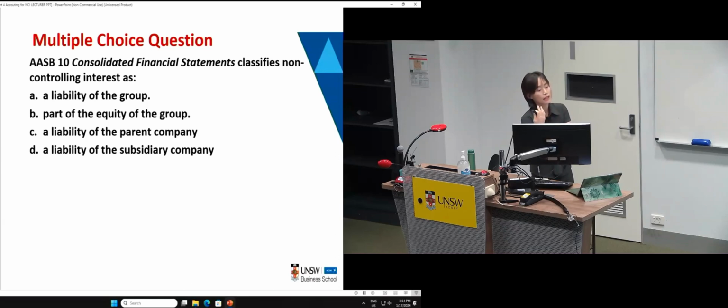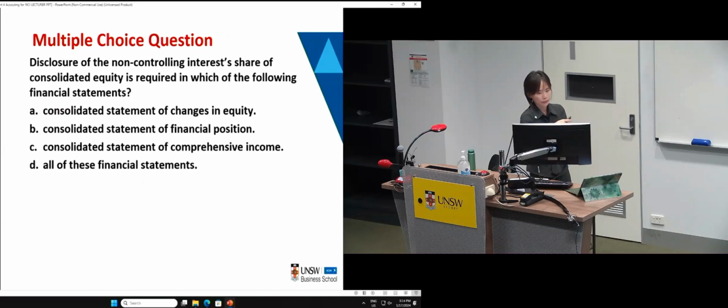However, because the subsidiary's equity is affected by profit or loss made in relation to transactions within the group, the calculation of NCI is affected by the existence of intragroup transactions. But not all intragroup transactions will affect the NCI calculation. So we're going to show you an example later.